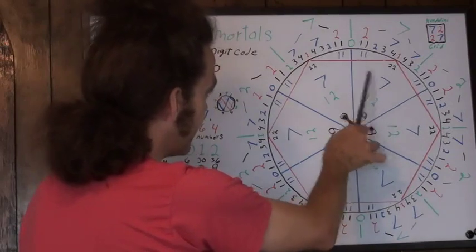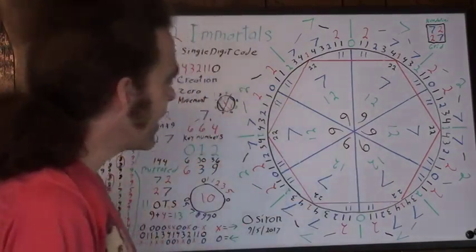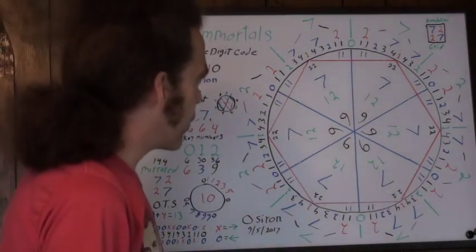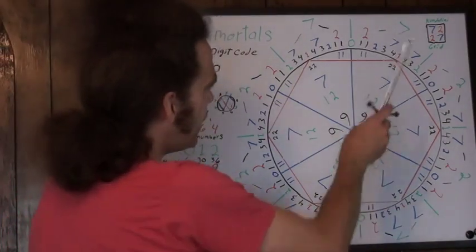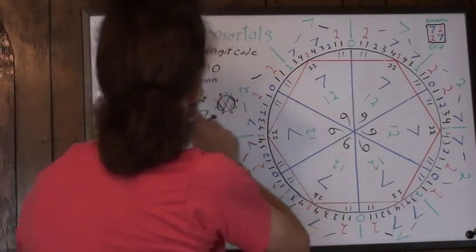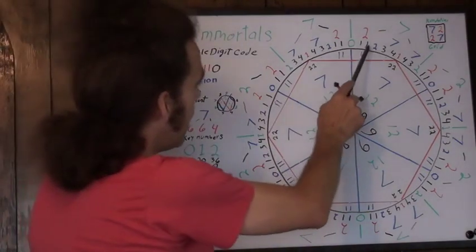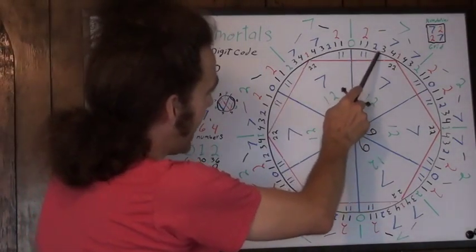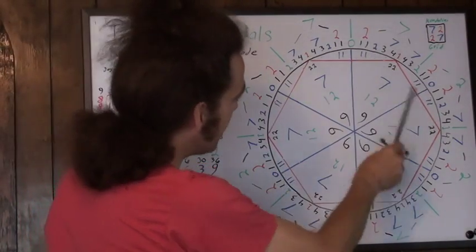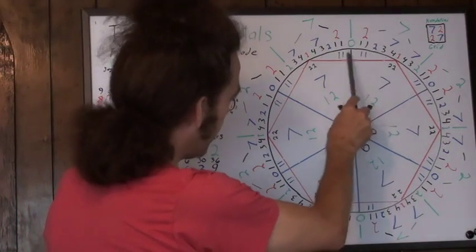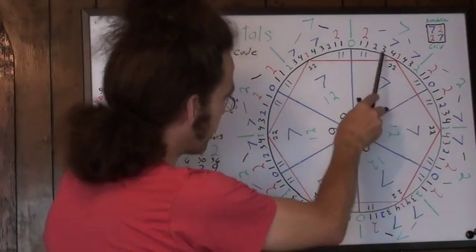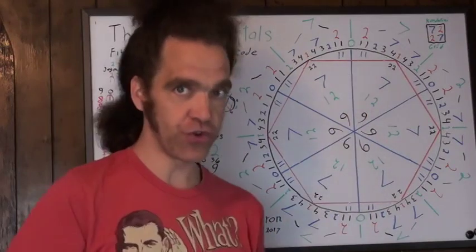So each segment of 6 reduces to 9. And what else happens in one of these segments is all of the numbers between the prime 0 and 1s, all of the numbers combine and reduce to 11. That's why there's an 11 in each of these little sections up here, because that's what the numbers between the 1 and 0 reduce to.